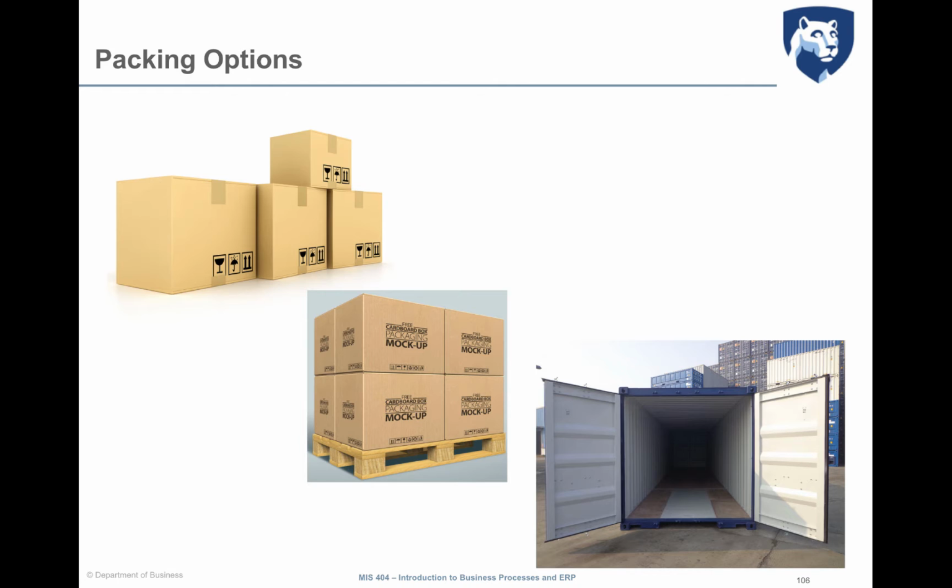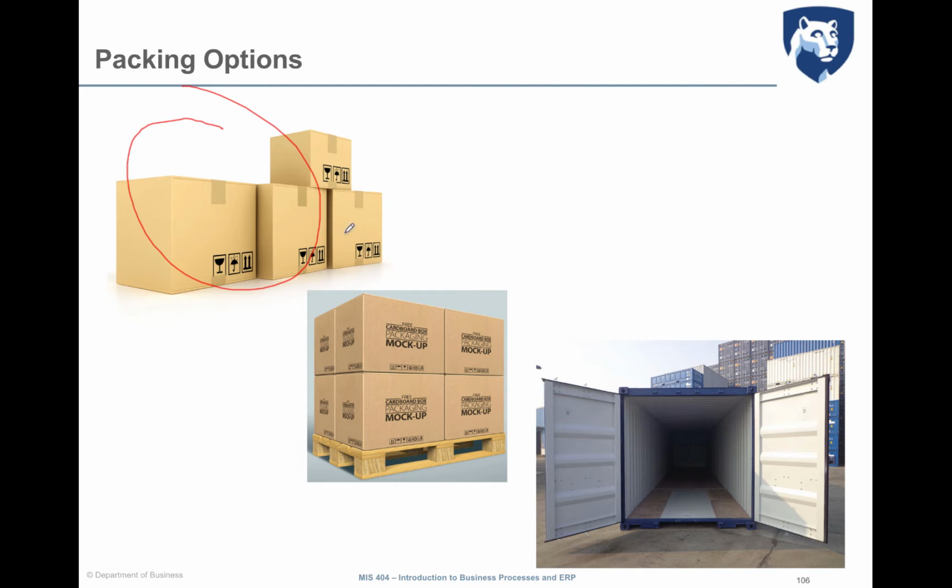Materials to pack units can be variable, and different packing options can be used. For example, as a basic choice, materials can be packed using a variety of cartons, like the one depicted in this figure.